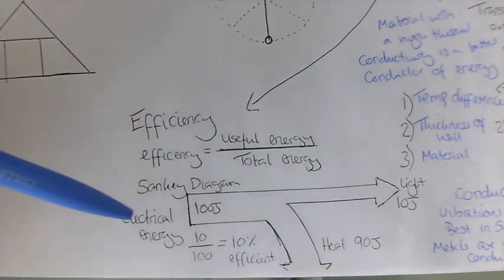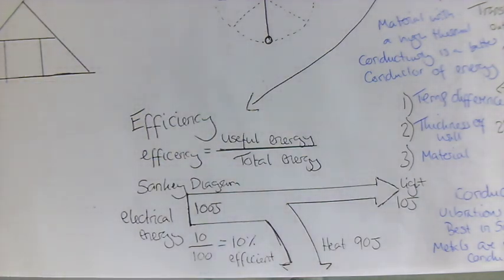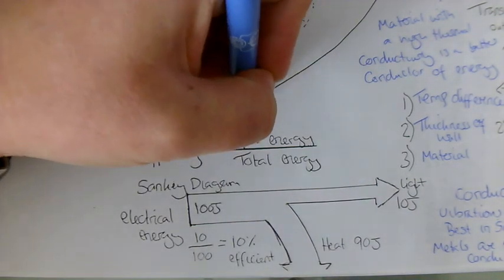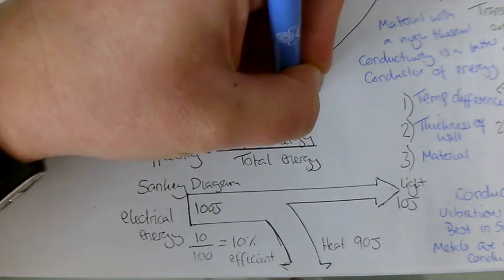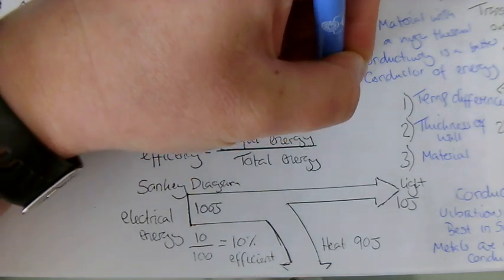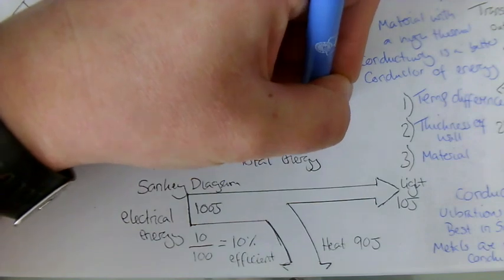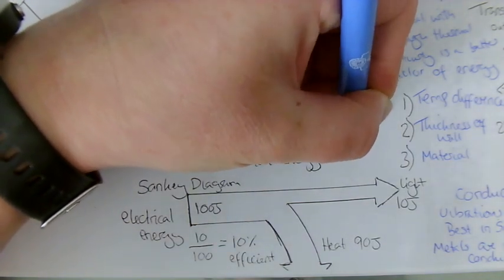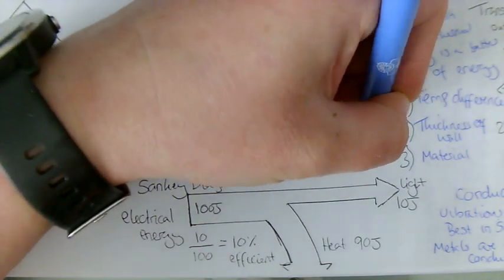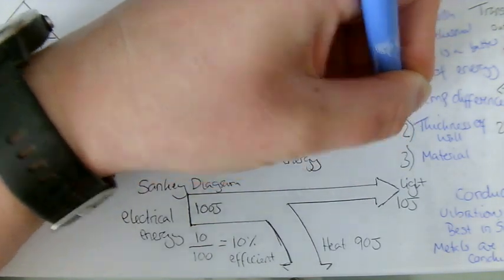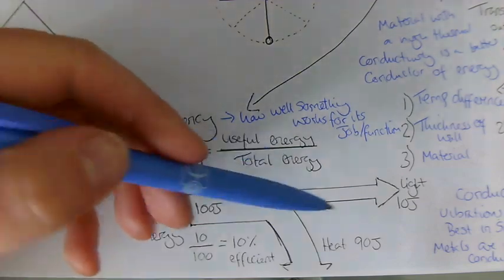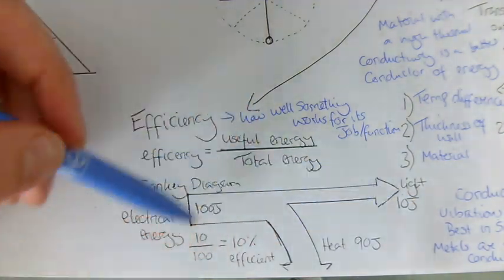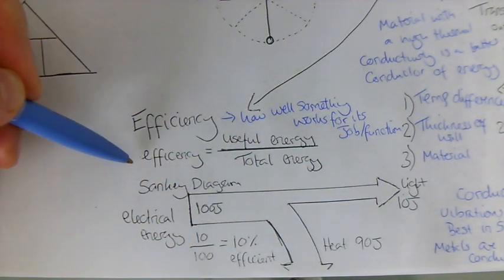So if we want to know what the efficiency is, that's how well something works for its job. So efficiency is how well something works for its job, or you can say function. So here our light has 10 joules, so we plug it into this equation here.